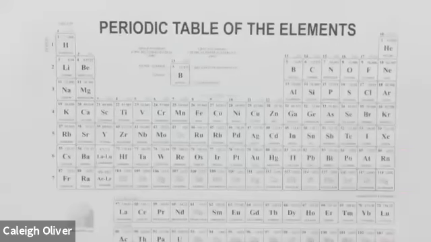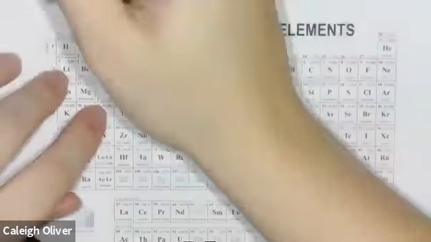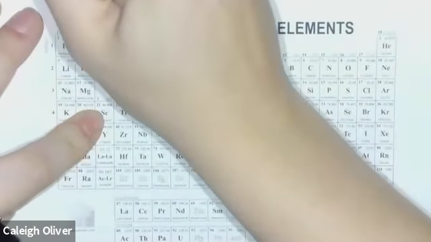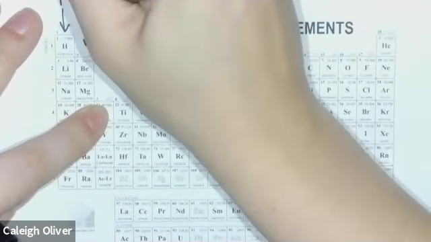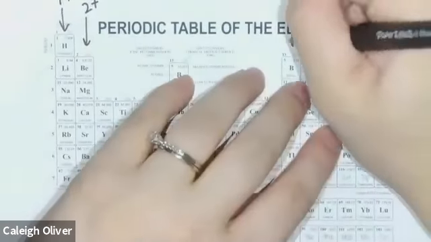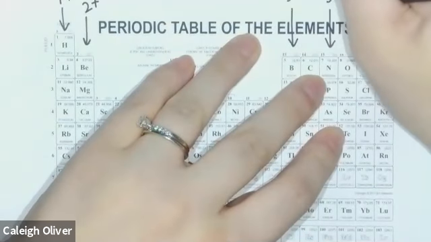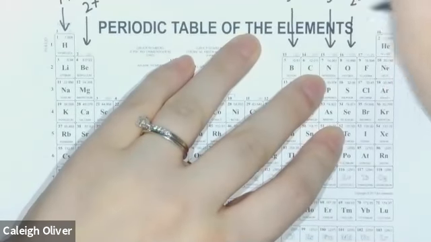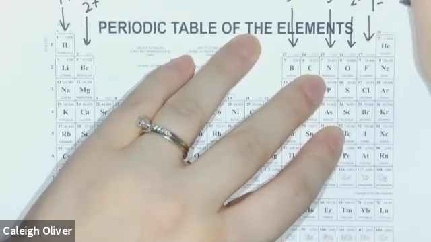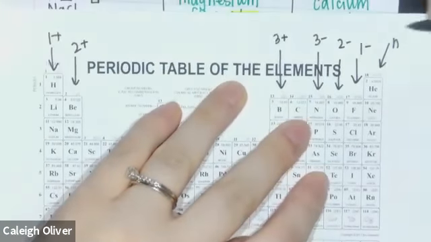The columns were: this one is the 1+ column, 2+, 3+, 3-, 2-, 1-, none.